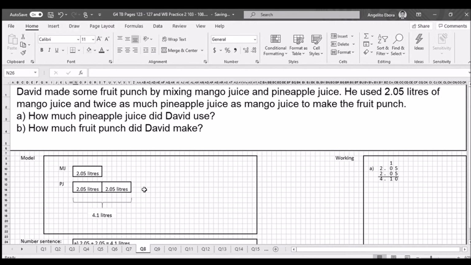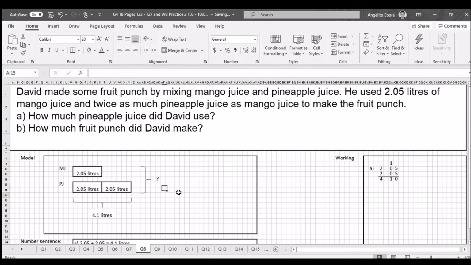Okay, so we know the mango juice and we know the pineapple juice. Then we can proceed to letter B. How much fruit punch did David make? So all of this is a fruit punch, right? So what do we do to find the fruit punch? Hmm. So we don't know, right?